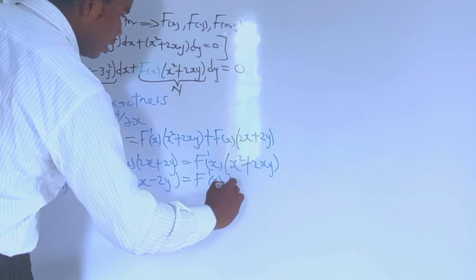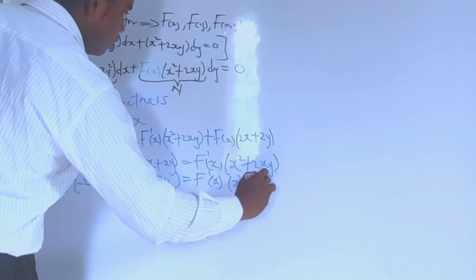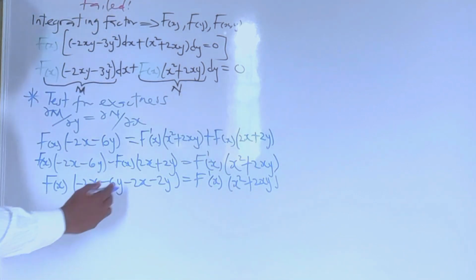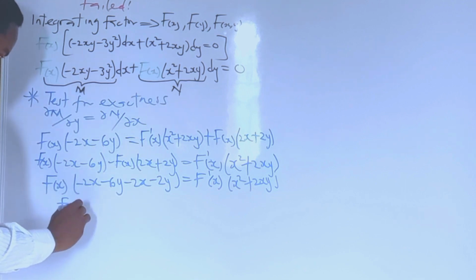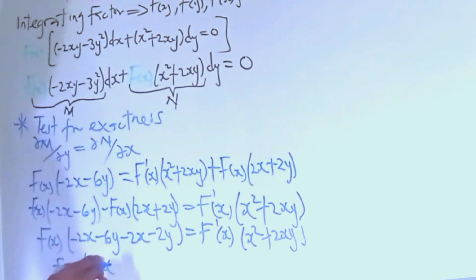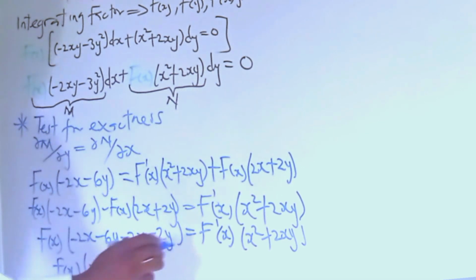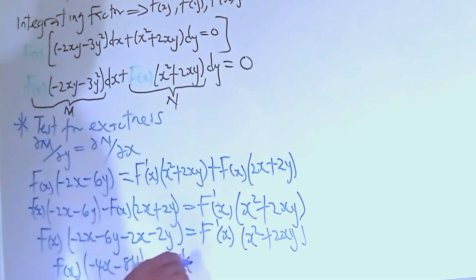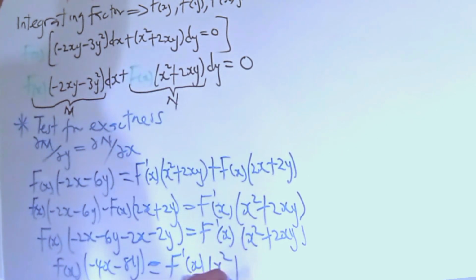Do not make a mistake there. And that's equal to f prime of x multiplied by x squared plus 2xy. So when we put what we have on the left hand side together, we have f of x times negative 4x minus 8y equals f prime of x multiplied by x squared plus 2xy.